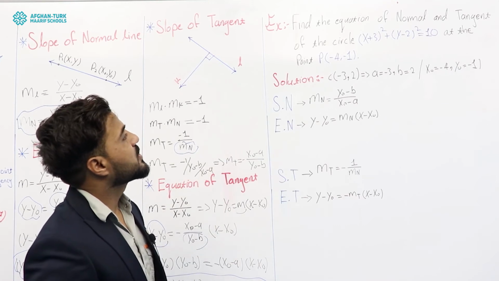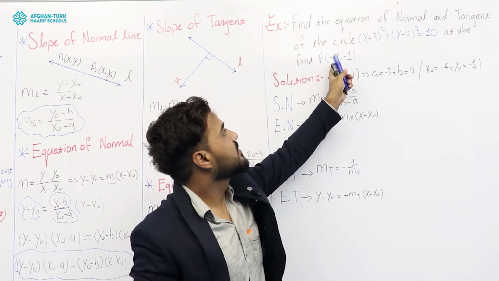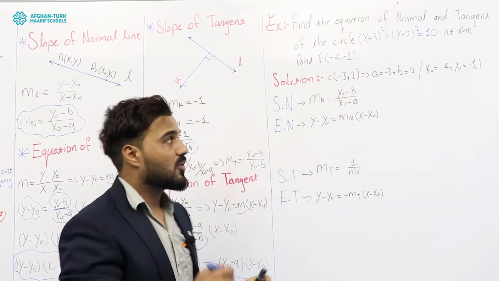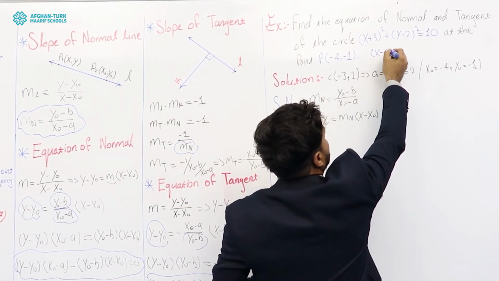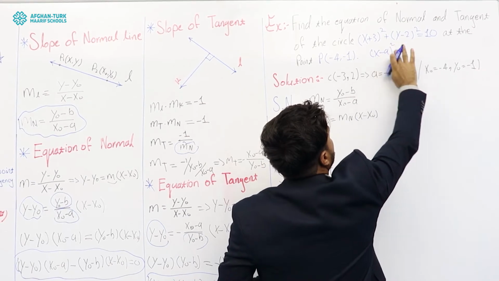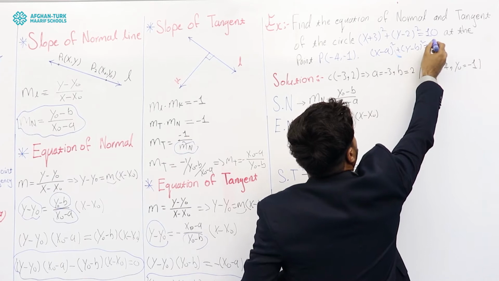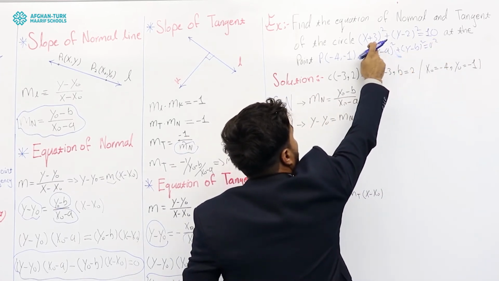Example: find the equation of normal and tangent of this circle at point minus 4 and minus 1. So dear students, we know the standard equation of circle, which is x minus a square plus y minus b square is equal with r square. From here we know that in here we have minus a and in here we have plus 3.